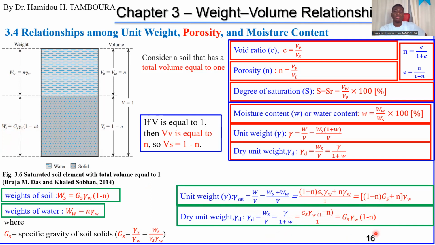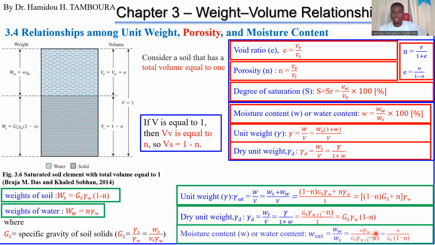That will be our dry unit weight. Okay, this one, water content: the weight of water divided by the weight of solid. So the weight of water, which is N gamma W, sorry, divided by the weight of solid, and you will get something like this.